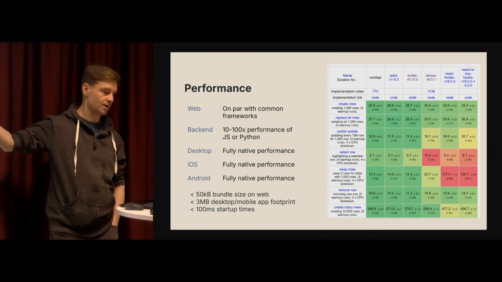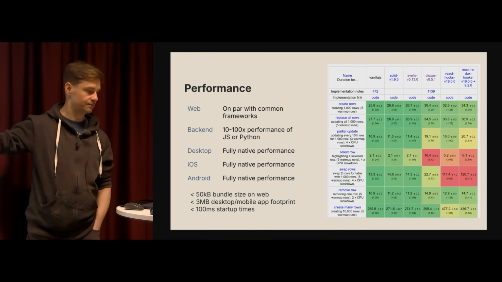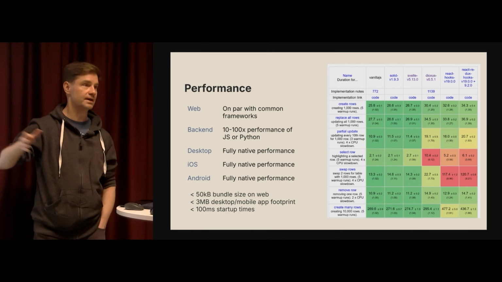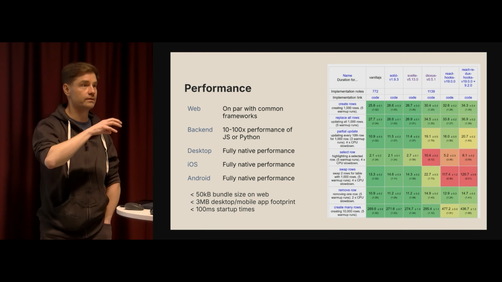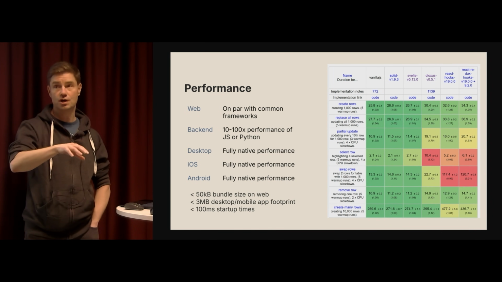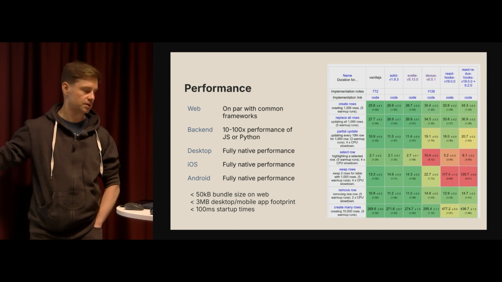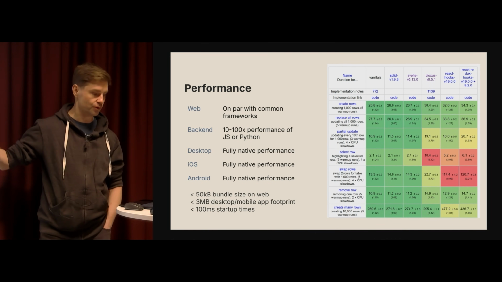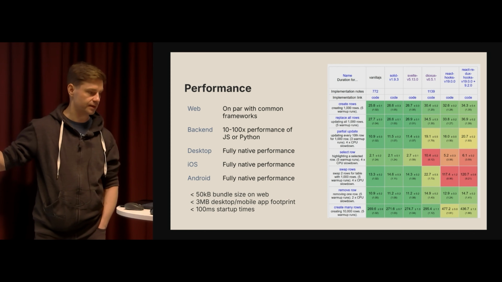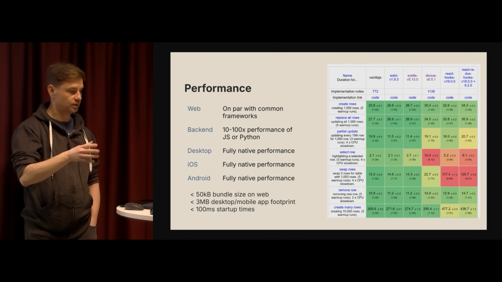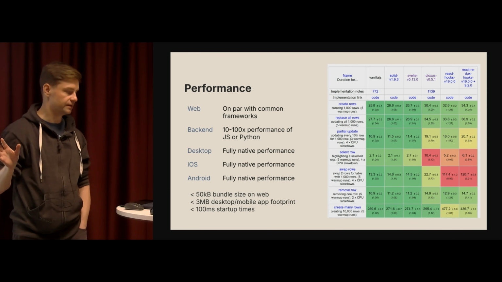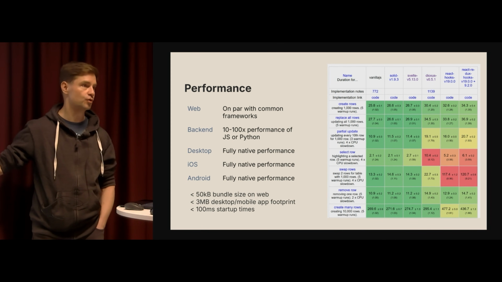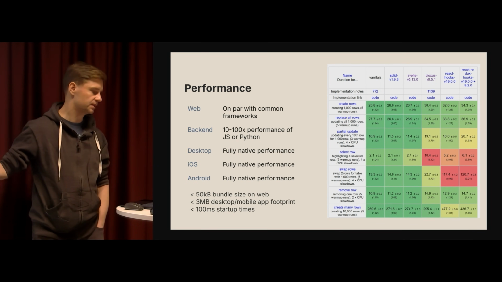So this is something where Dioxus should definitely be the underdog, because it has to do that extra step of going from WASM space into the JavaScript space to do these changes. But because of a lot of smart optimizations, it's actually doing better than React on most tests, and in all tests, very well. So this is not going to be a problem for web development.